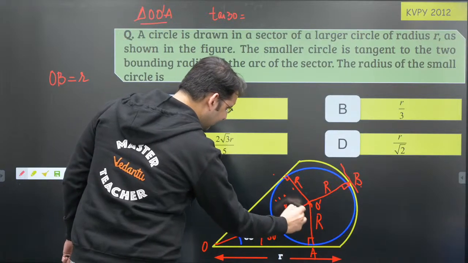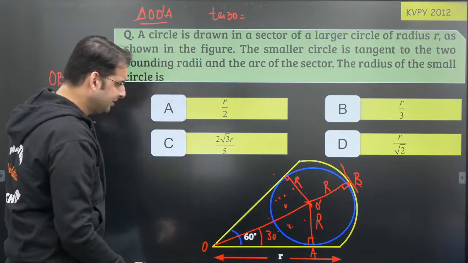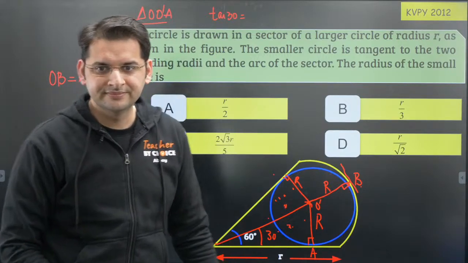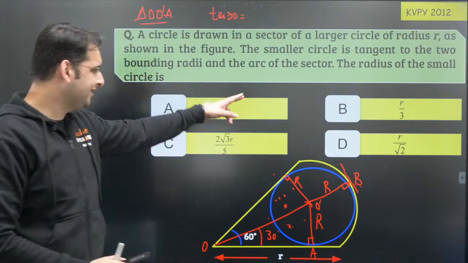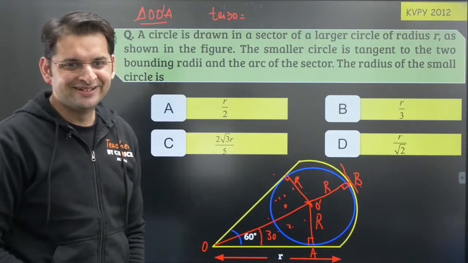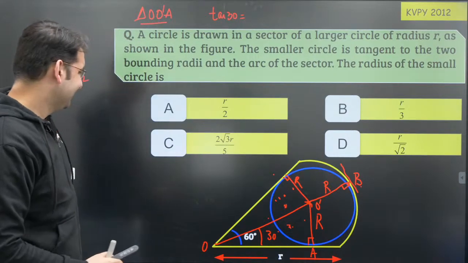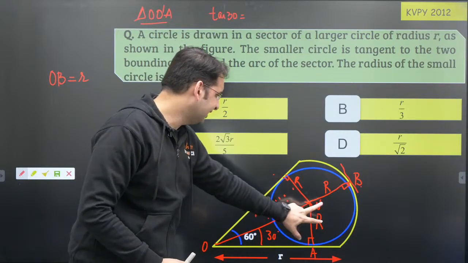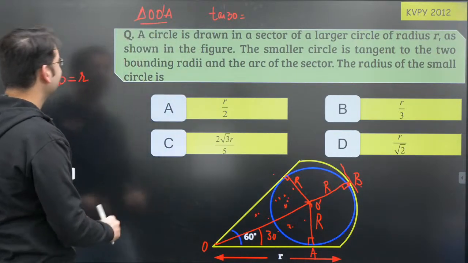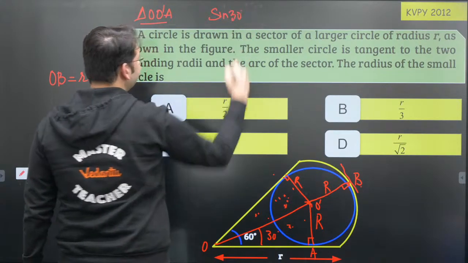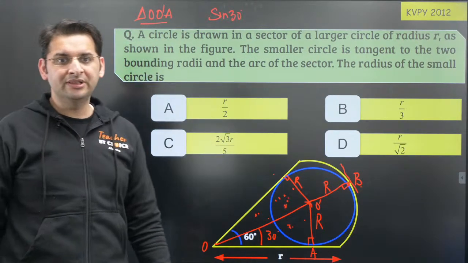So this is R, this would be, what will it be, kids? Tell me quickly. Does it look like R/3? Yes, so sin 30. So sin 30 would be R upon this length. Not tan 30, sin 30. Sin 30 would be R upon this length.